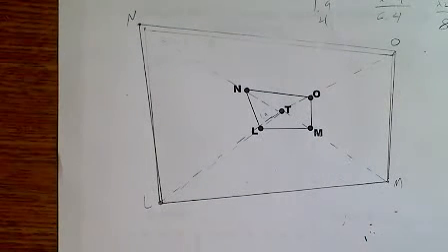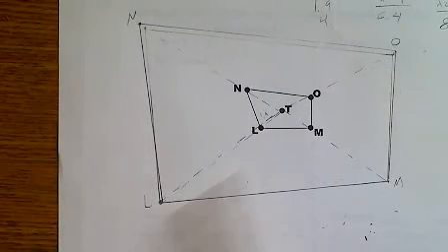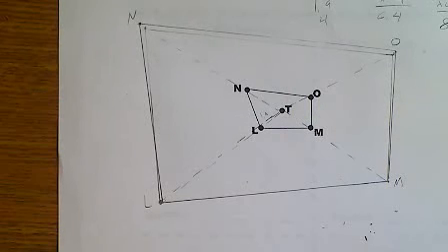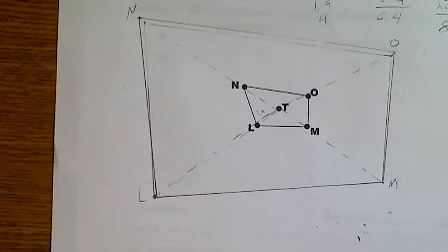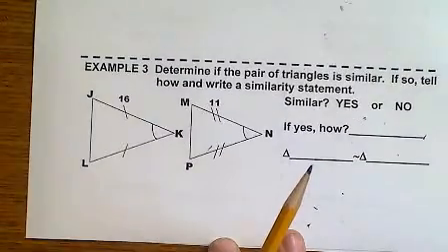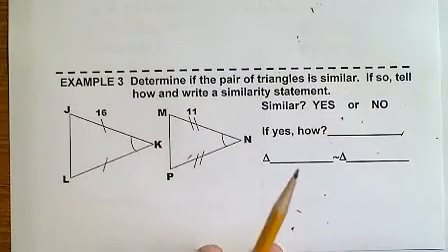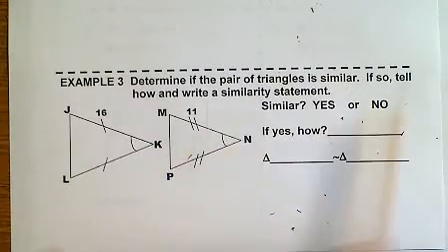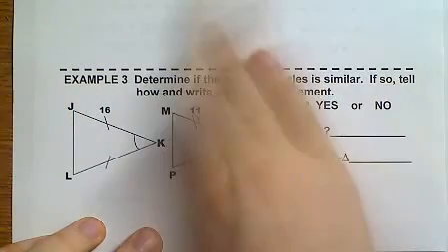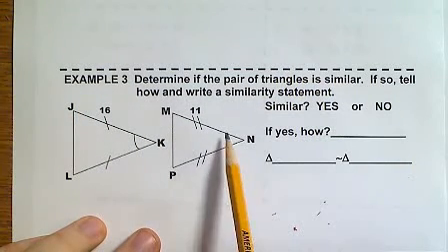I will double check your sizes, make sure that they are accurate. But other than just creating dilations, I want to make sure that you also understand how to tell if something is a dilation. So we want to determine if these triangles are similar, and if so, determine how, and a statement of similarity. Well, this is actually a review.